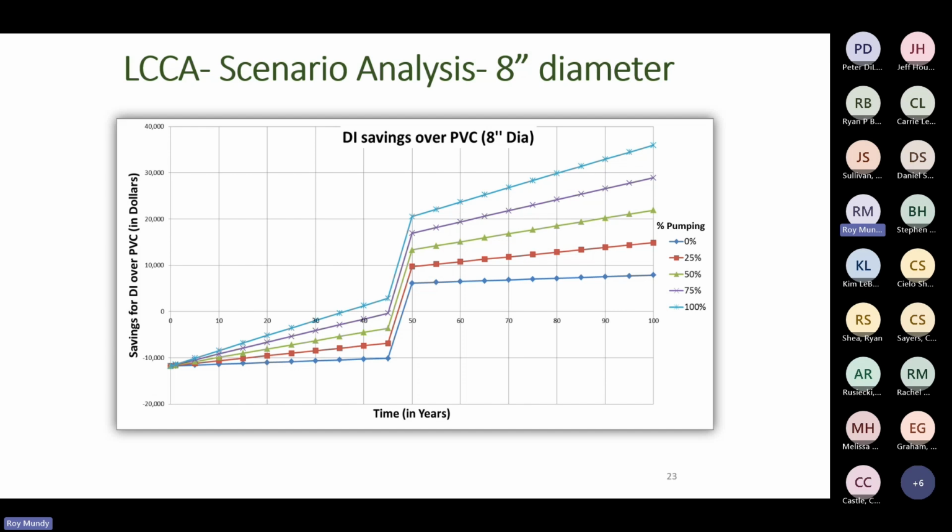Then, because of the estimated service life, and when you take the true value of present worth, then technically you have to replace the PVC pipe at the end of 50 years because it's only going to last 50 years. And yet ductile iron pipe continues to be in service for that next 50 years. So you have the cost of replacement. That's what jumps the graph up in the middle. And then you continue to have the savings in terms of operation costs, primarily due to the issue of energy.